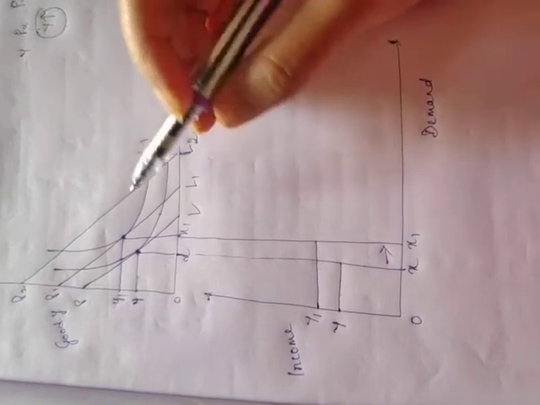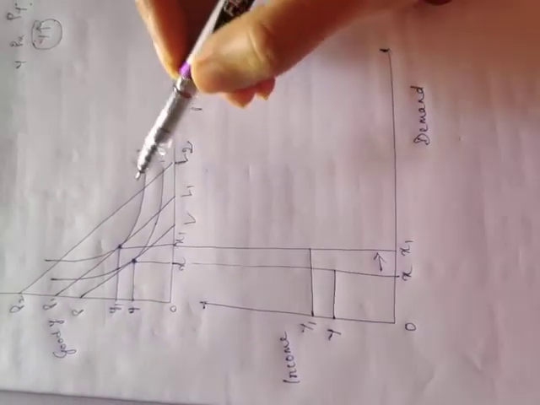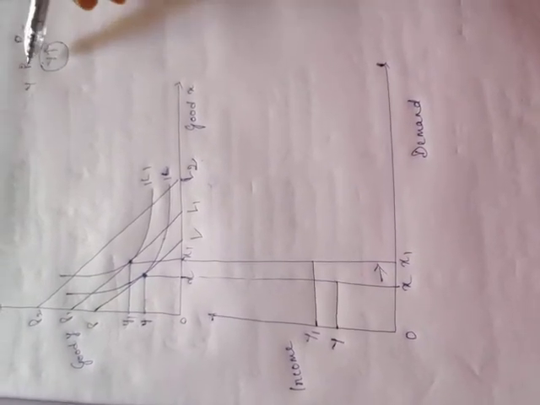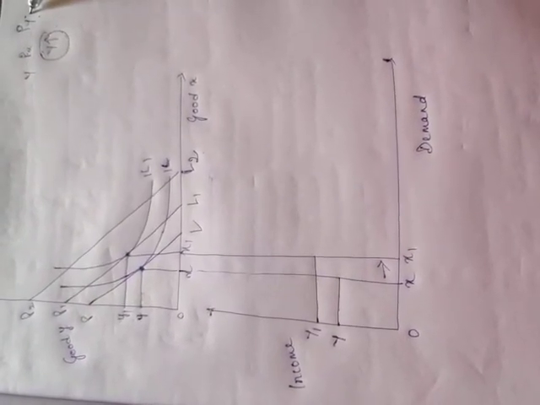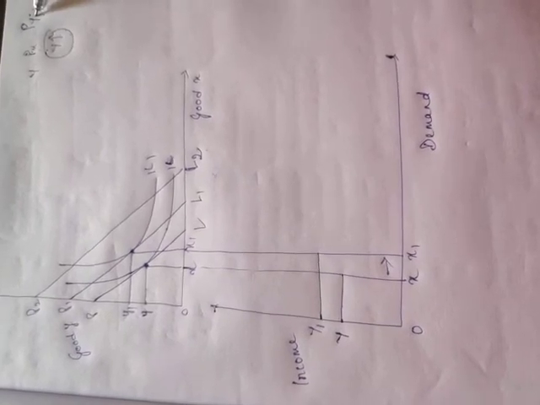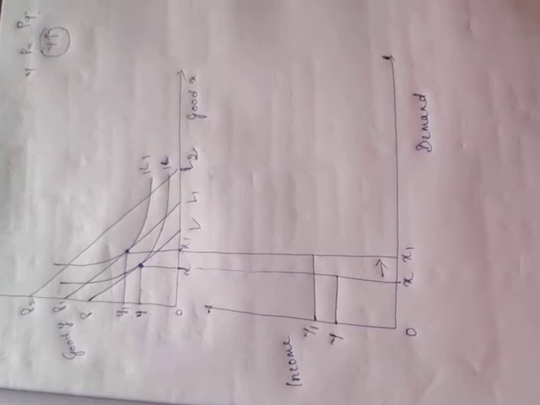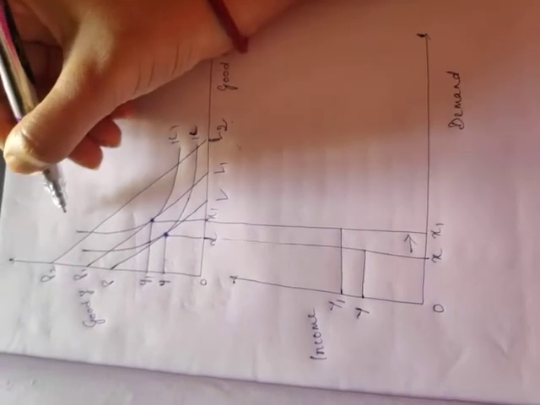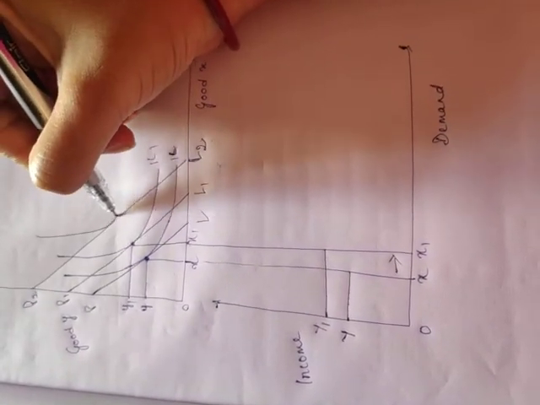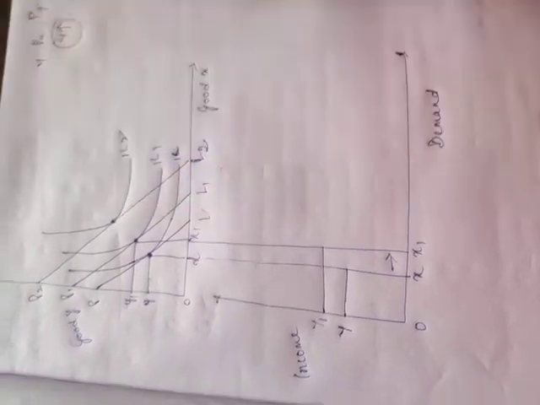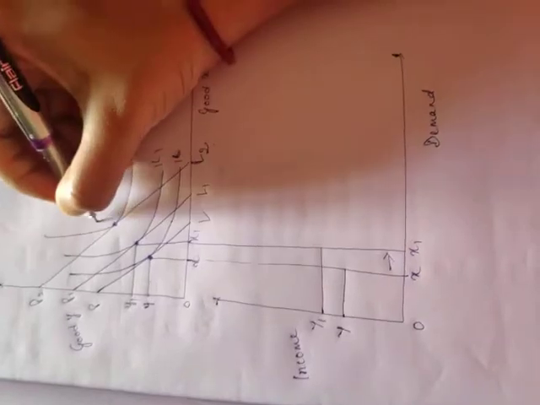So when your income will increase from P1L1 to P2L2, prices of both the commodities remaining constant, then your satisfaction level will increase, and accordingly your indifference curve will shift towards right from IC1 to IC2. So this is another equilibrium point, that is E2.